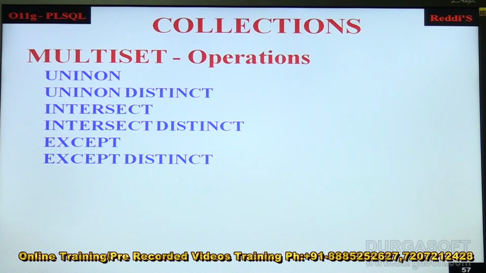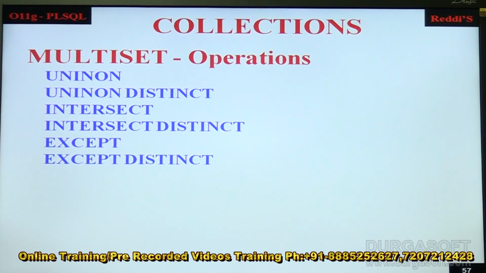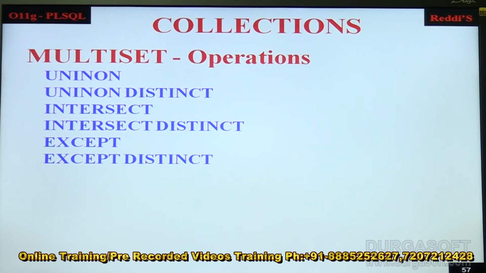In multi-set operations, multi-set is a keyword, it's an operator. Use the below keywords: union, union distinct, intersect, intersect distinct, except, which is nothing but minus in set operators, and except distinct. When we say union, this is not exactly our union set operator.